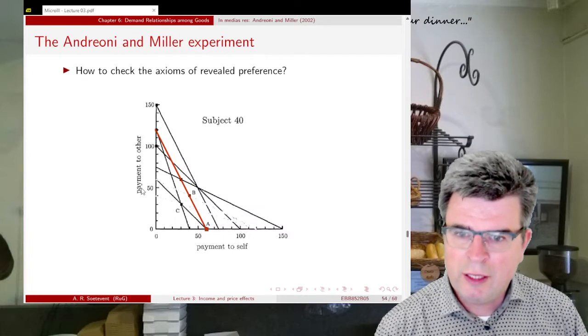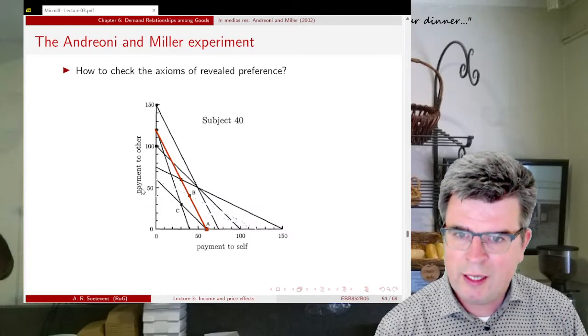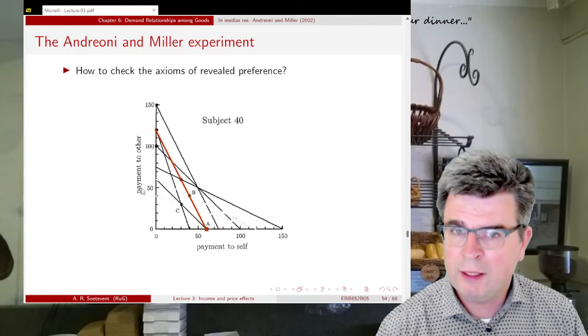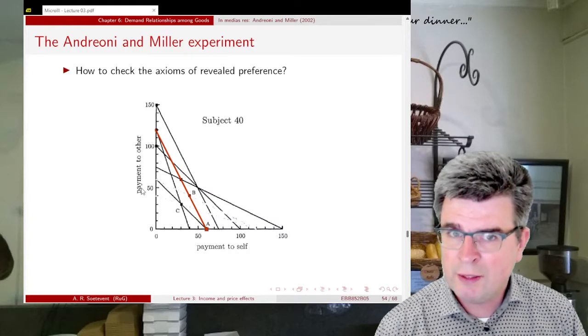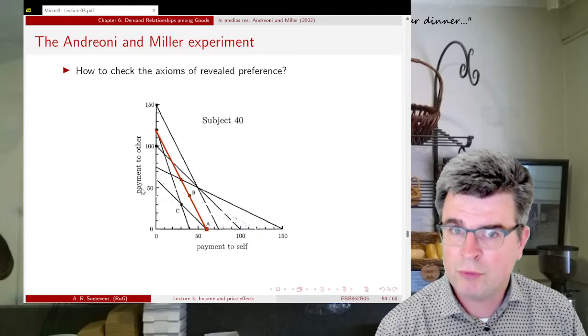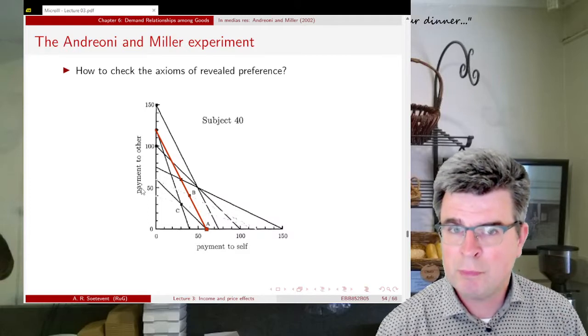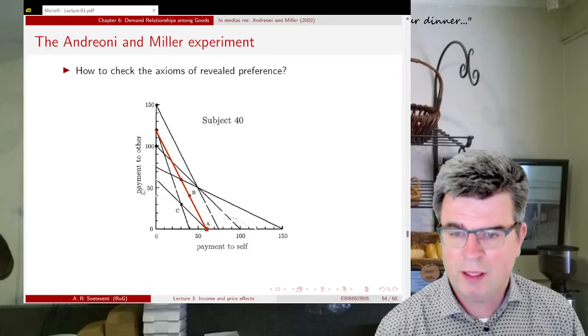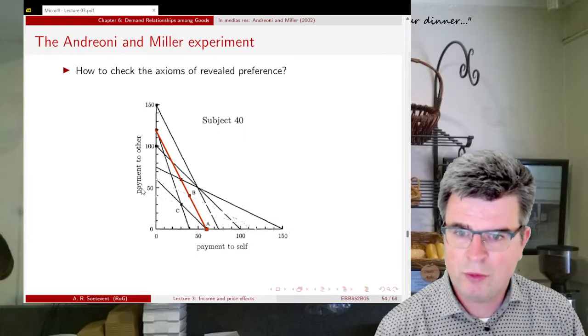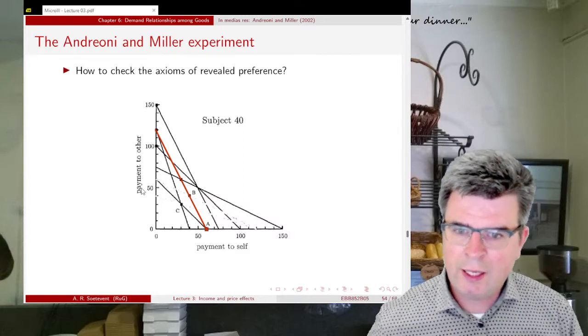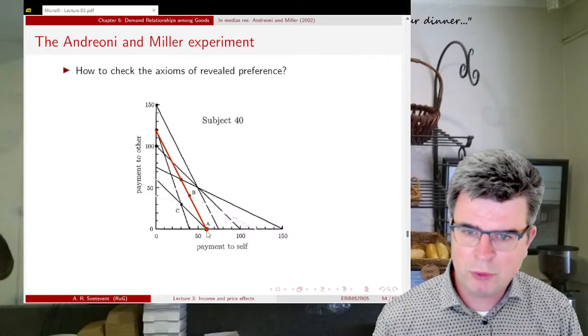Now, how do they check this? So they have different subjects and they investigate whether the subjects behave rationally. So whether their choices can be represented by one of the common utility functions. Now, first we consider subject 40 and suppose that the budget constraint of this subject is as follows.